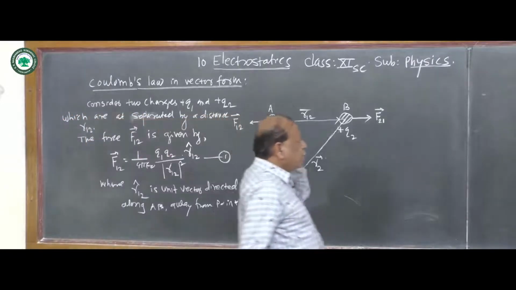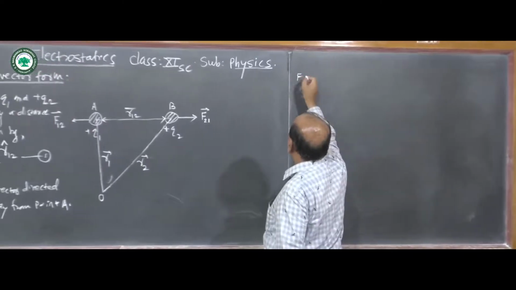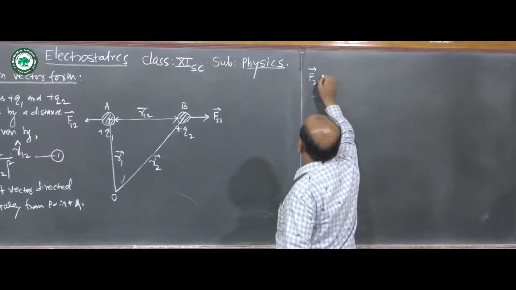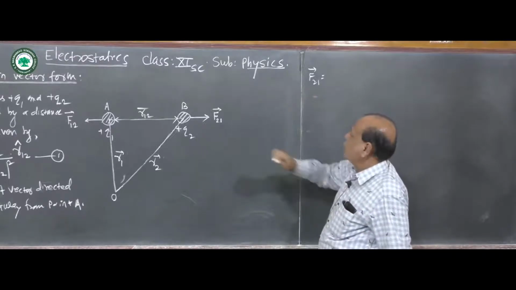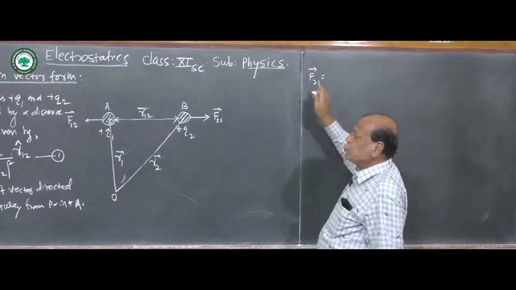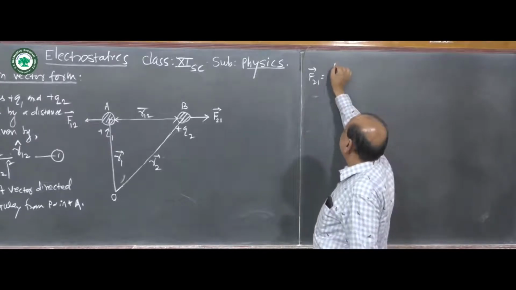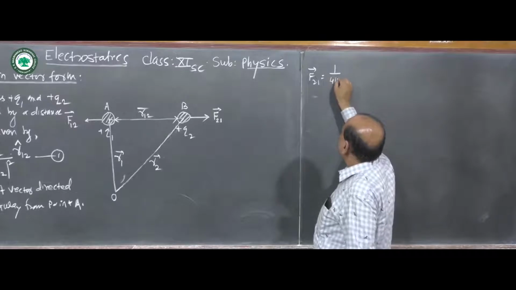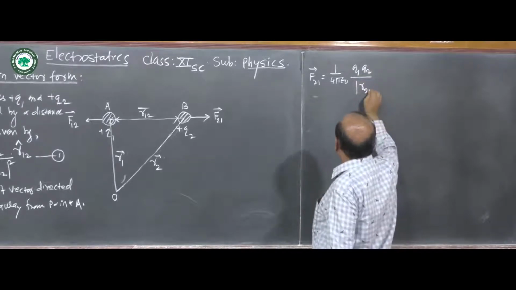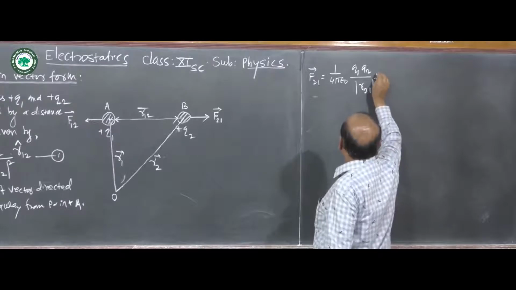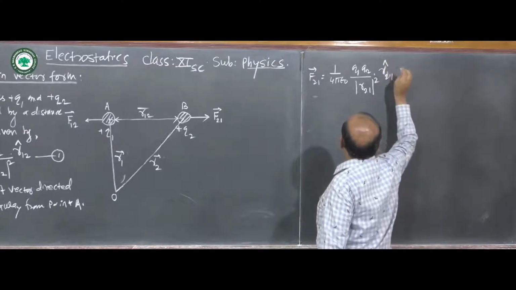Now we obtain the force F21, that is the force on charge plus q2 due to charge q1, which is given by F21 is equal to 1 upon 4 pi epsilon 0, q1 q2 divided by mod of R21 bar square, into R21 cap.